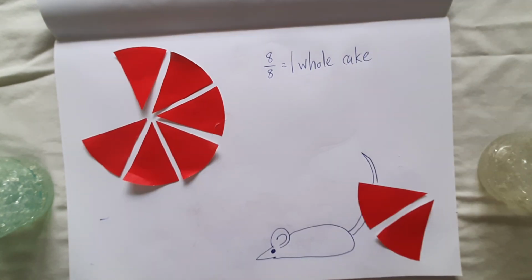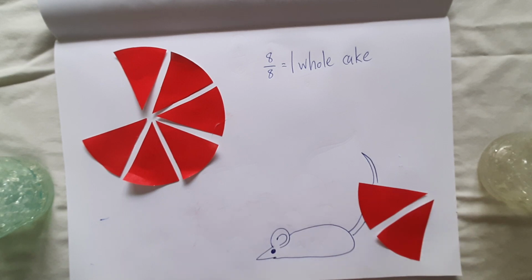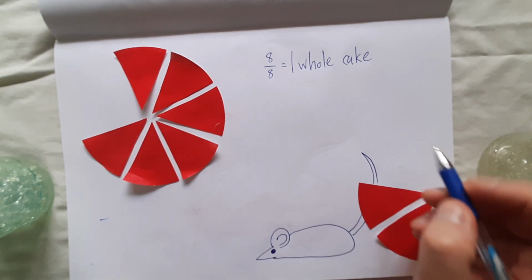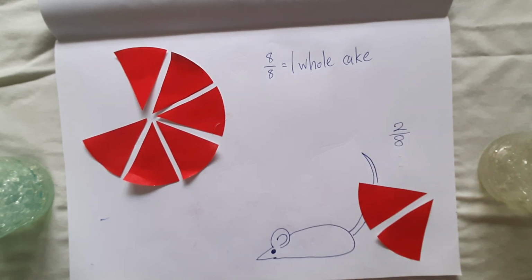He left it on the bench overnight, and the mouse came back and took 2 of those pieces of cake. What fraction of the cake did he take? Well, these are all eighths. The baker cut the cake into eighths, and the mouse has taken 2 eighths of the cake.